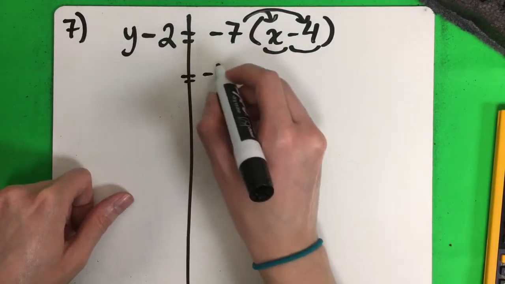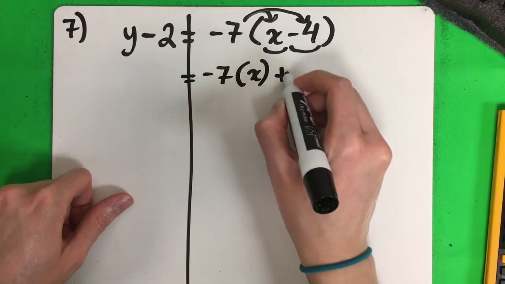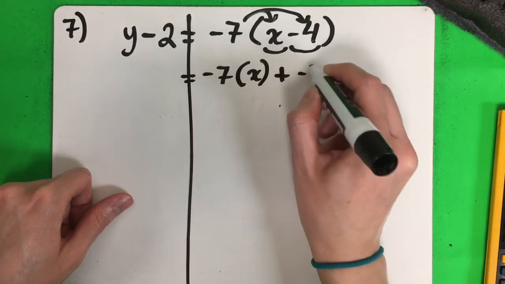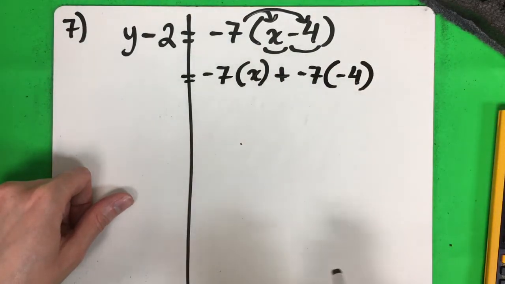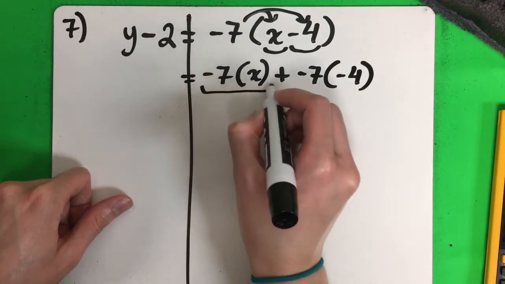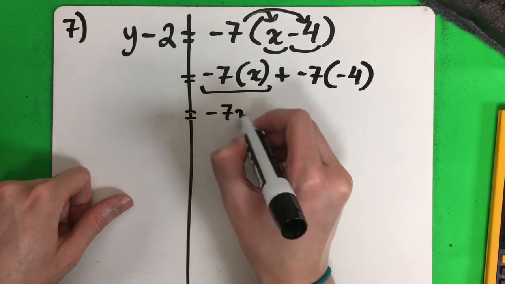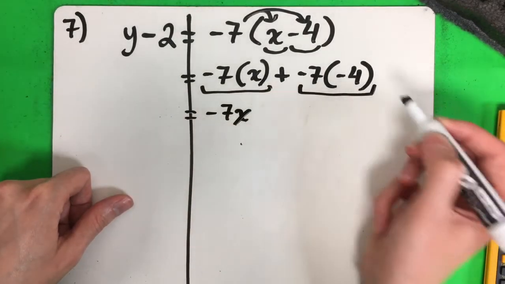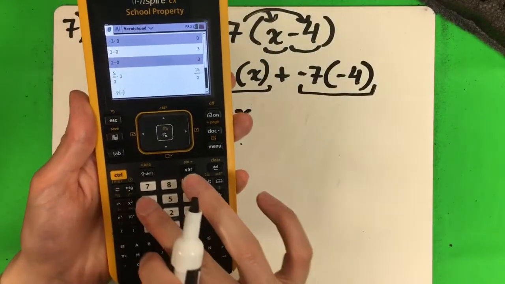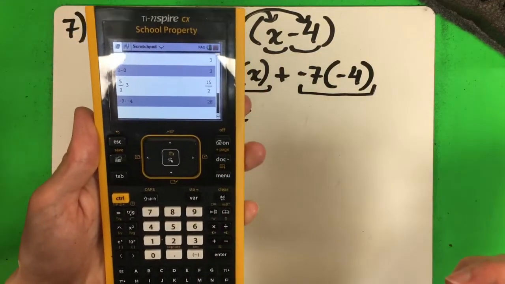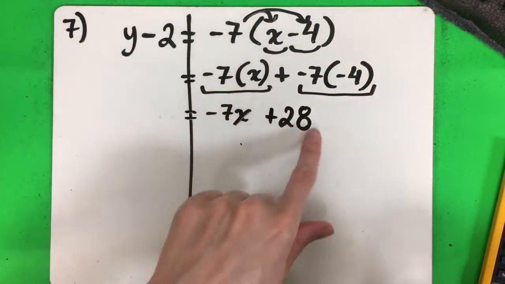So we're going to do negative 7 parenthesis x parenthesis, always a plus, and then again negative 7 times negative 4. Negative 7 times x is negative 7x. Negative 7 times negative 4 is positive 28. So that looks good.